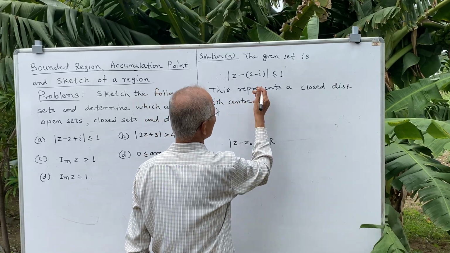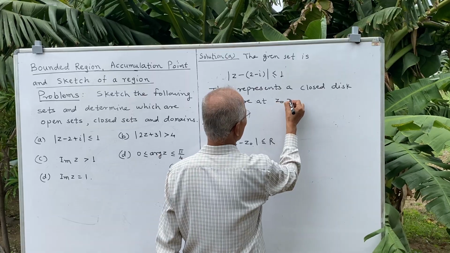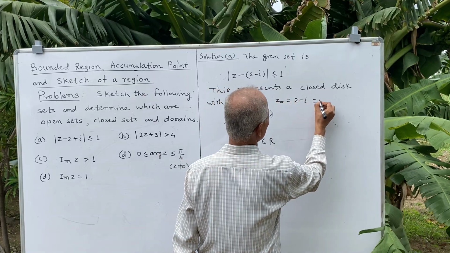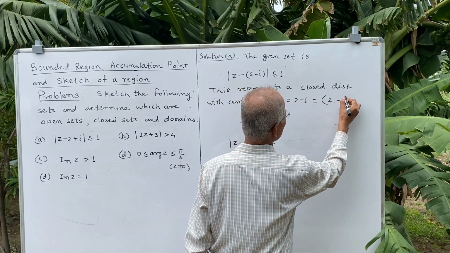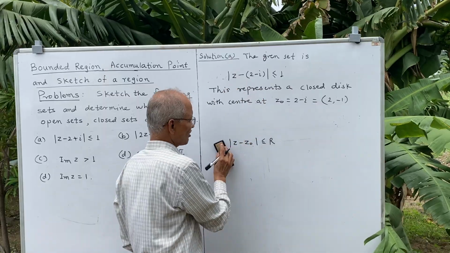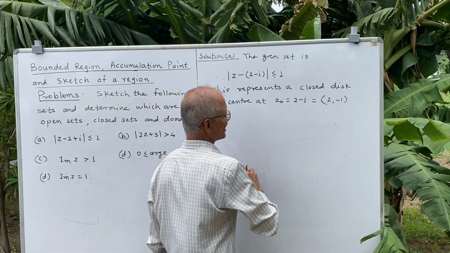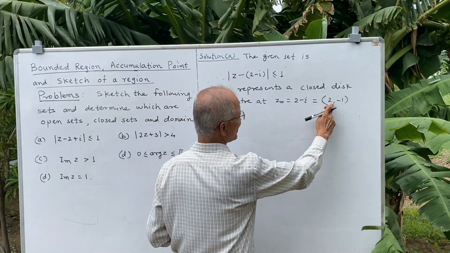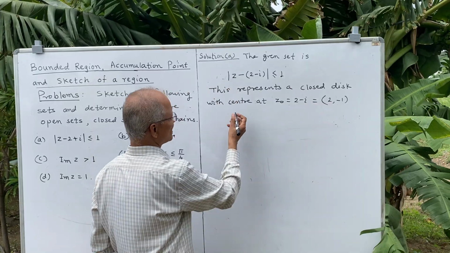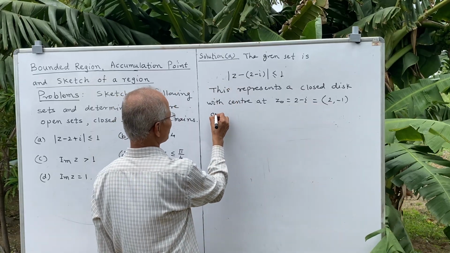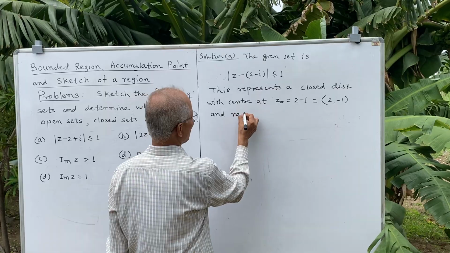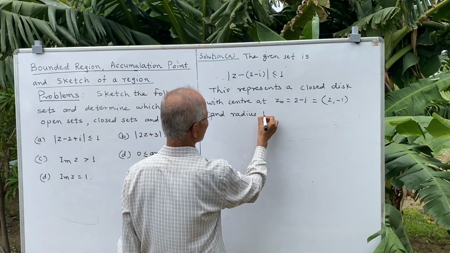at z0 equal to 2 minus i, and 2 minus i means the coordinates 2 comma minus 1, the ordered pair (2, -1). The real part is 2 and the imaginary part is minus 1. Center at this point, and radius is 1.